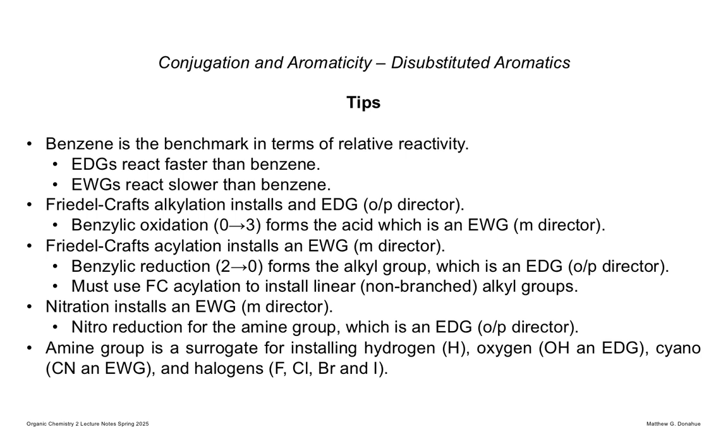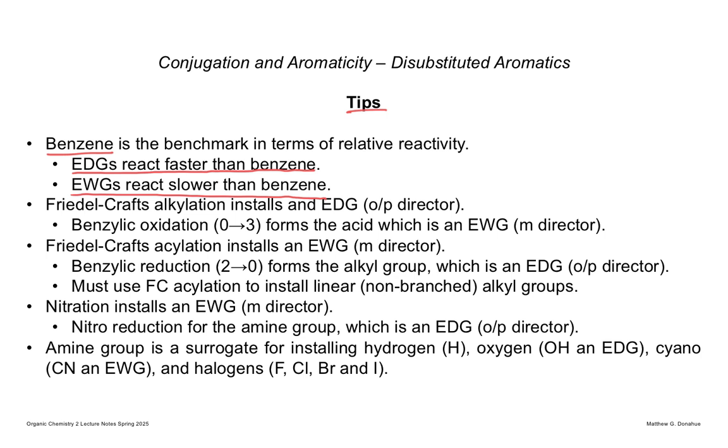So what are some tips for carrying out this exercise? Benzene is the benchmark in terms of relative reactivity. Electron donating groups react faster than benzene. Electron withdrawing groups react slower.